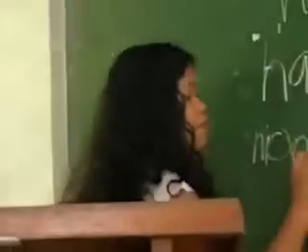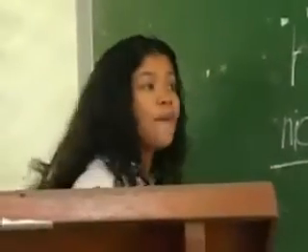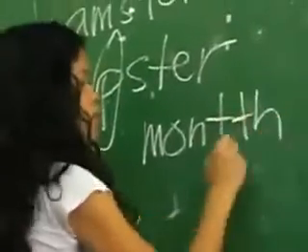We used to think that the correct spelling of month has a T, because we used to pronounce it that way. So it's very clear that there is an insertion in that moment.